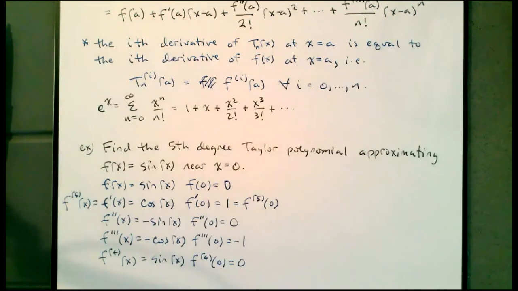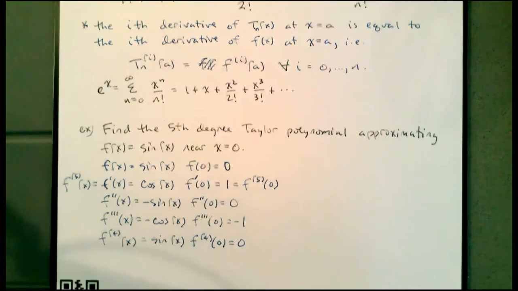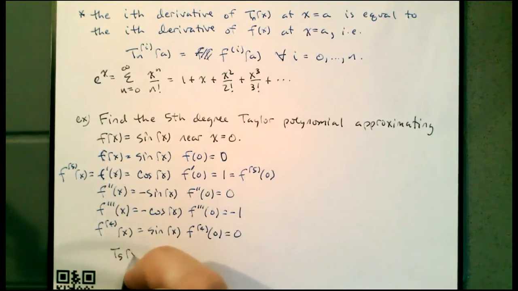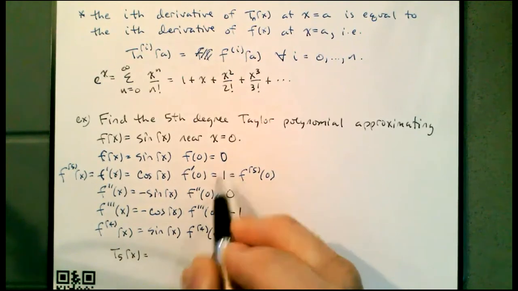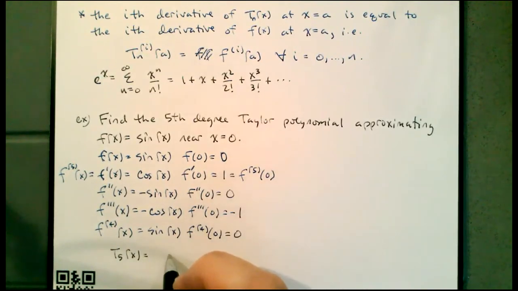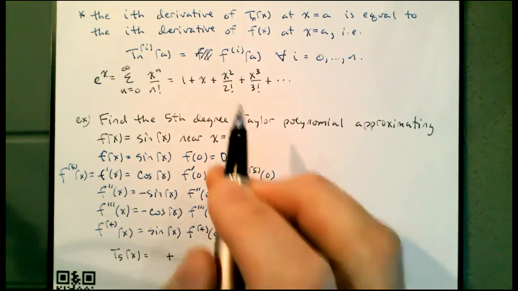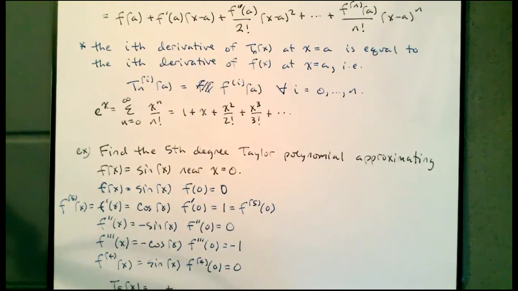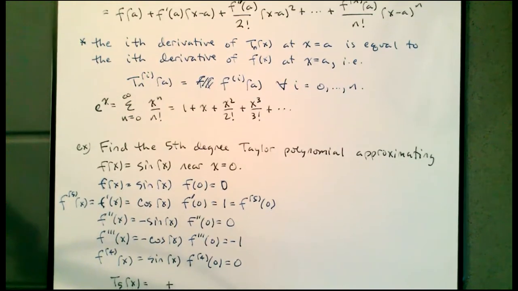In this case, a is equal to 0. So we can say that sine x, well, I said I wanted to find the 5th degree Taylor polynomial. So T5 of x will be 0 plus 1 times x minus a. In this case, since a is equal to 0, this is a polynomial that's going to be in terms of x.